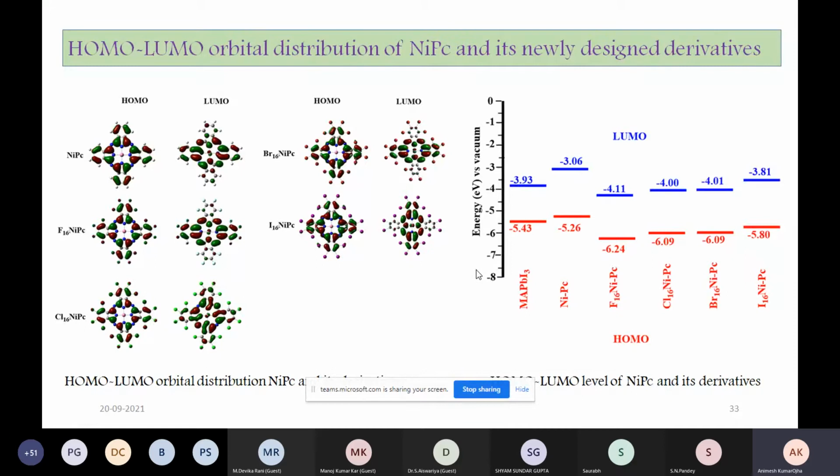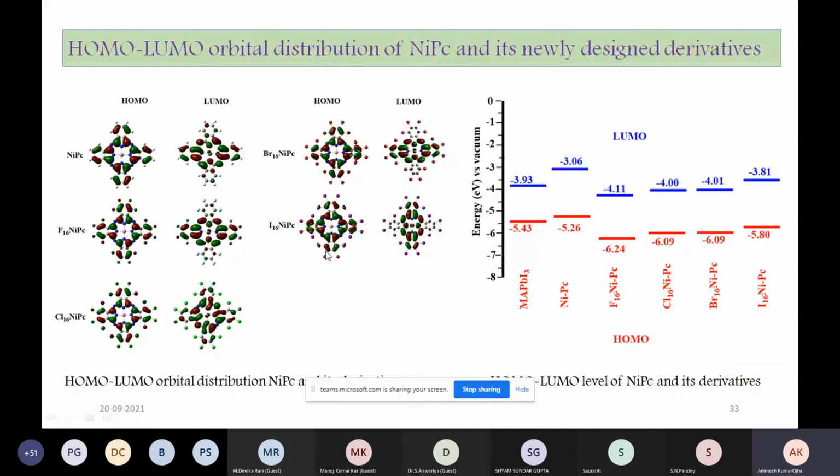So see here, this is the energy axis, the conduction band, and this is the valence band of the perovskite. And you know, these are the HOMO-LUMO orbital distributions of pure NiPc and its newly designed derivatives, where we have replaced the hydrogen by these halogen atoms.